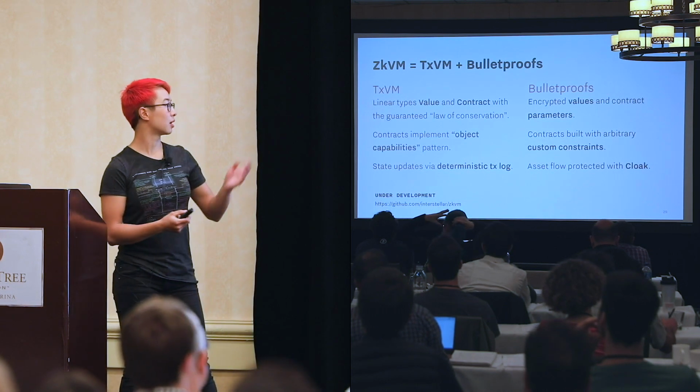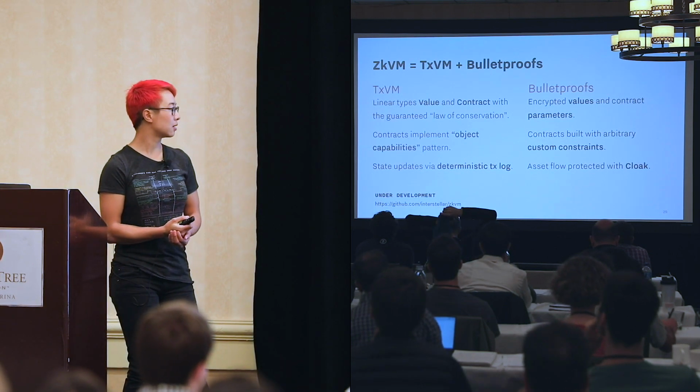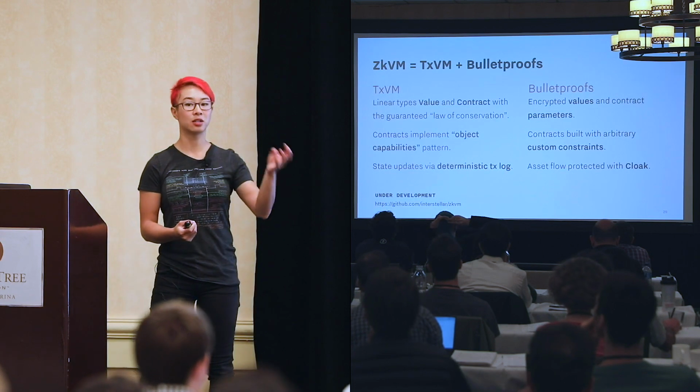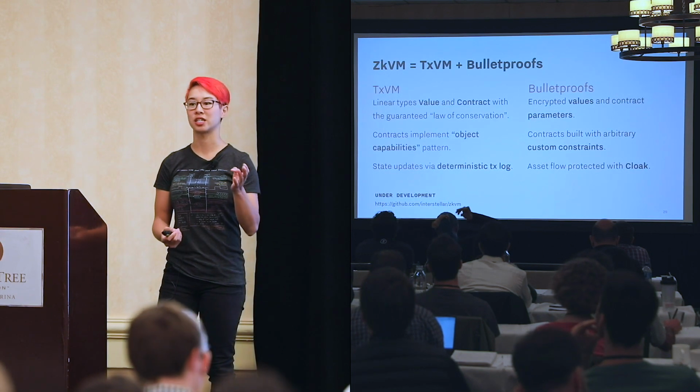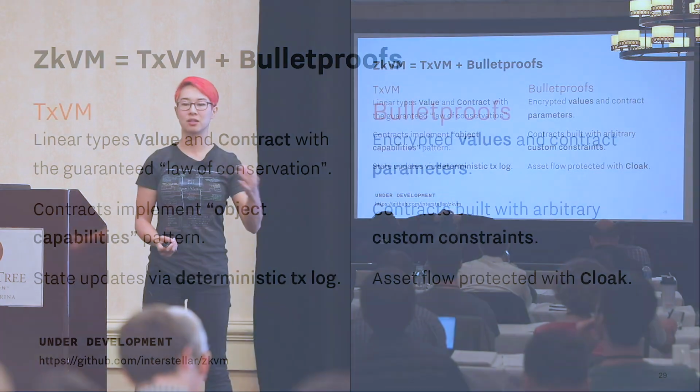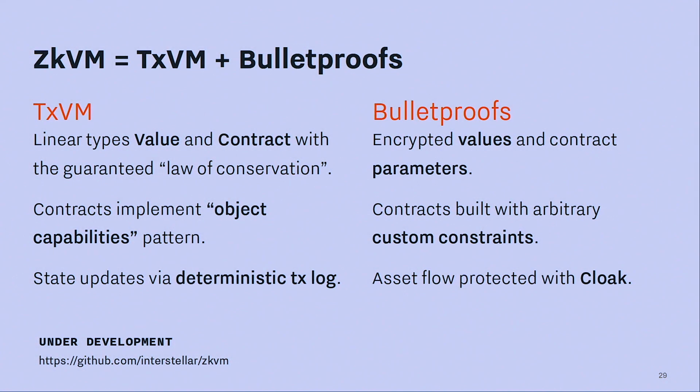Also, contracts implement an object capabilities pattern, and the state updates via a deterministic transaction log, and the transaction log is generated by running through the transaction ahead of time. So it's not dependent on the state of the blockchain when you submit the transaction. And the thing that we get from Bulletproofs, by tacking Bulletproofs on, is we can make all of these operations happen over encrypted values and encrypted contract parameters.